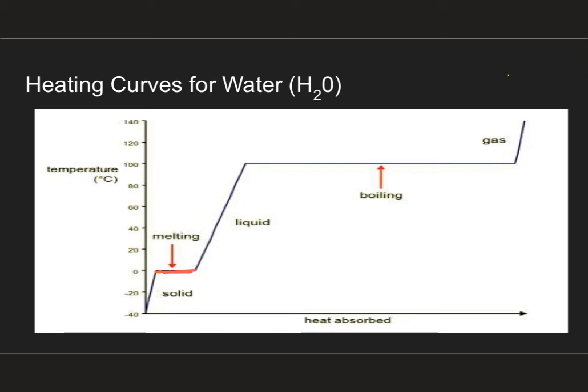And so what we can do is extend that line on over, and we could say then, if we wanted to know the melting point for water, we could say that it's 0 degrees Celsius, right?